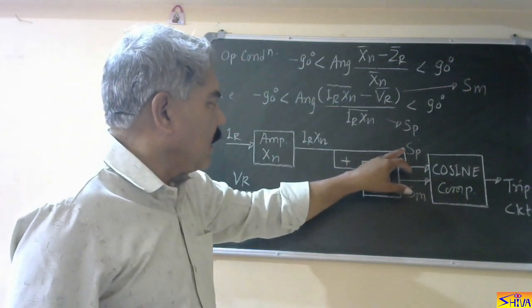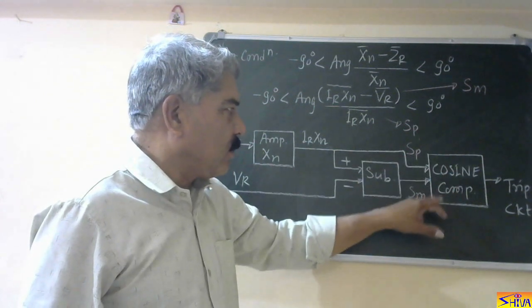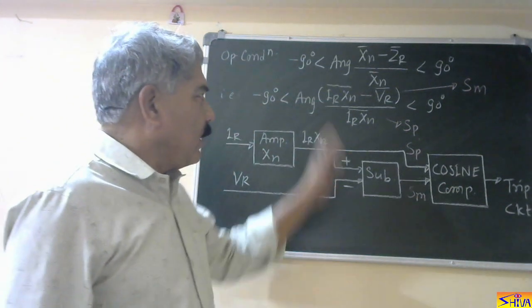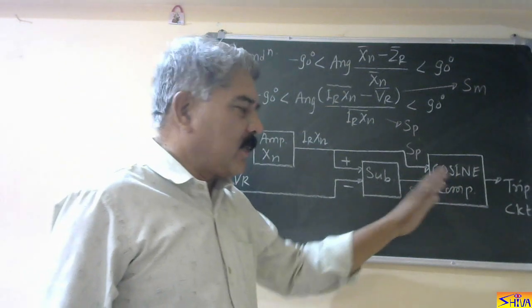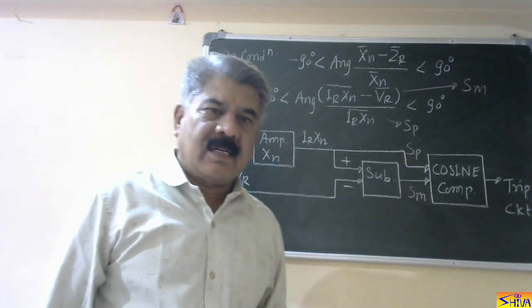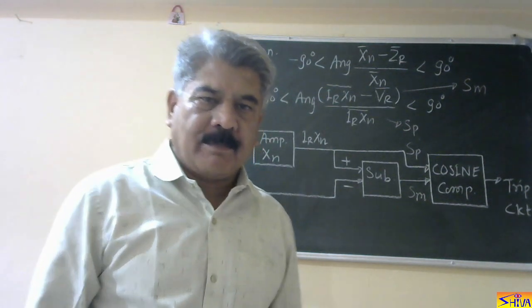Here we get IR Xn, which is nothing but SP, and these two signals are given to the cosine comparator and the output goes to the trip circuit. So if this condition is satisfied, the trip circuit will be energized. So this is how the reactance relay characteristic is realized using a cosine type of phase comparator.